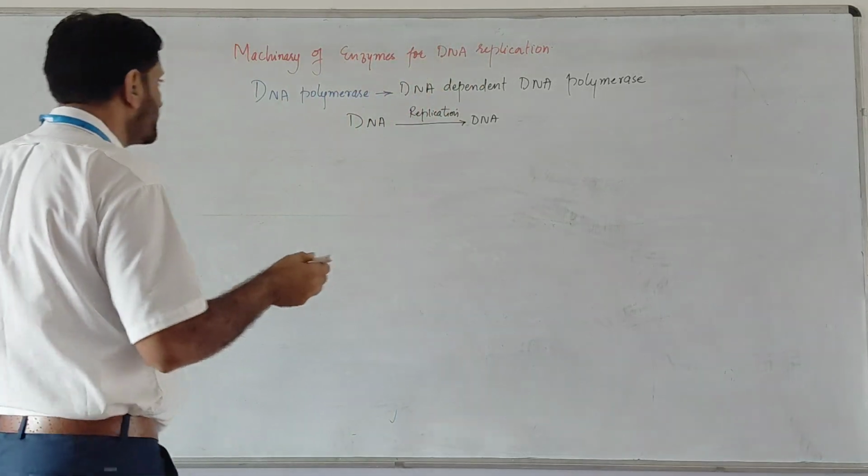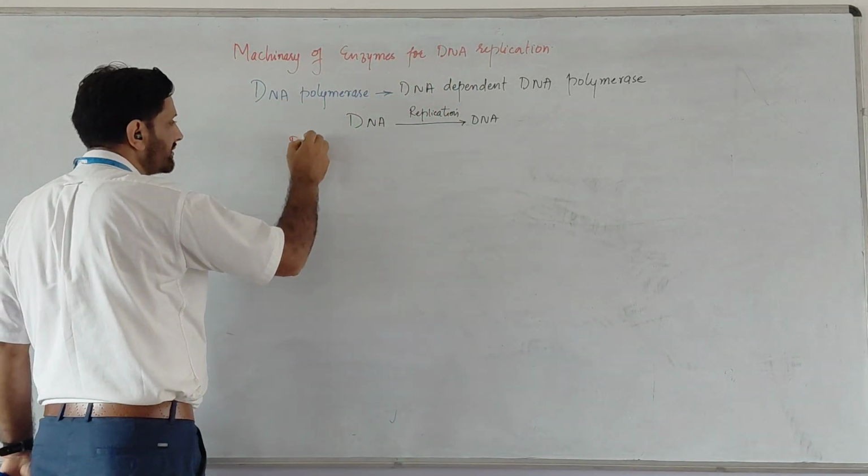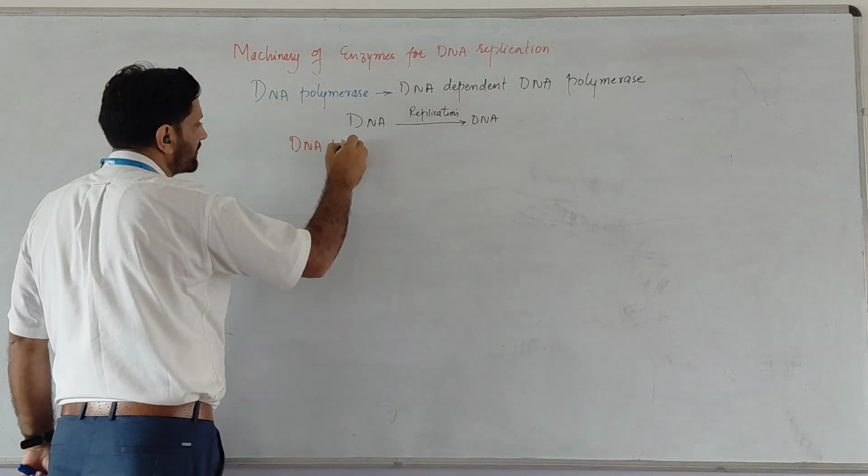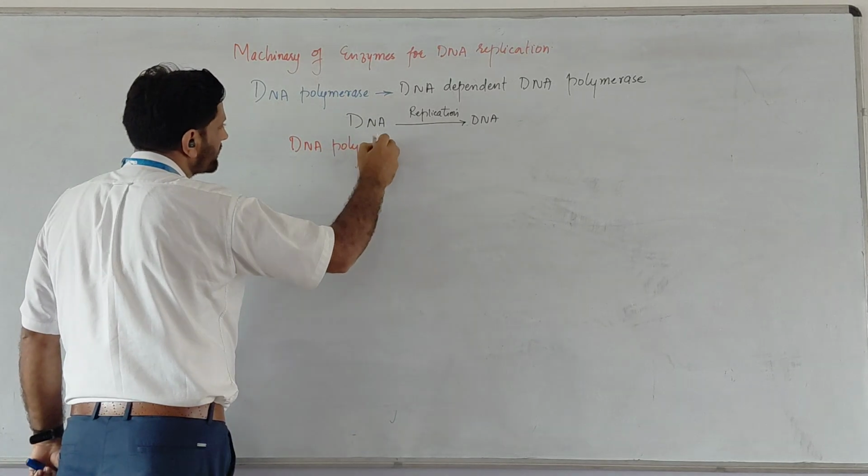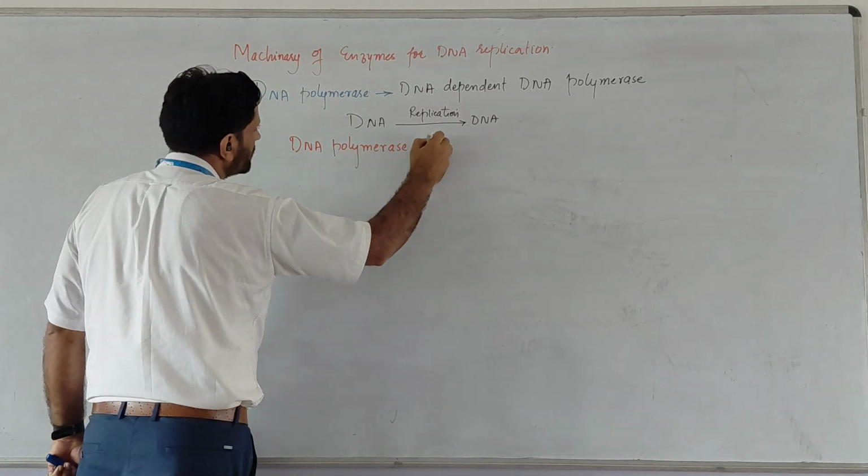There are 5 types of DNA polymerase in eukaryotes.